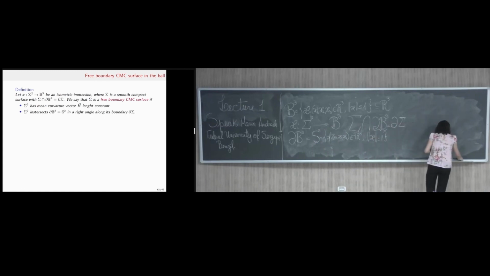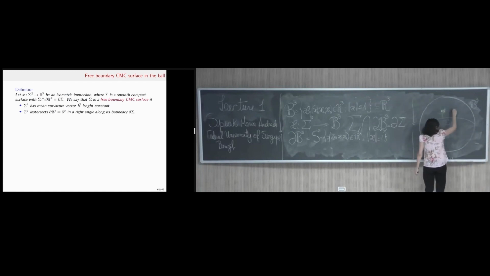What does this mean? Let me draw for you. Imagine you have a ball, and you have a surface sigma in the ball, and at each point of the surface you have the normal vector.